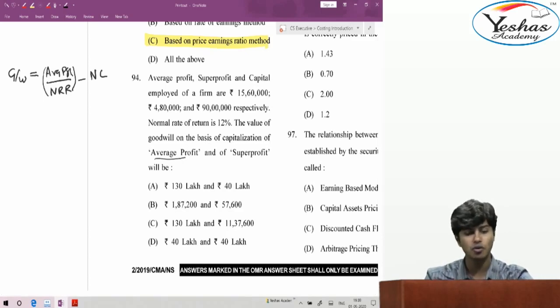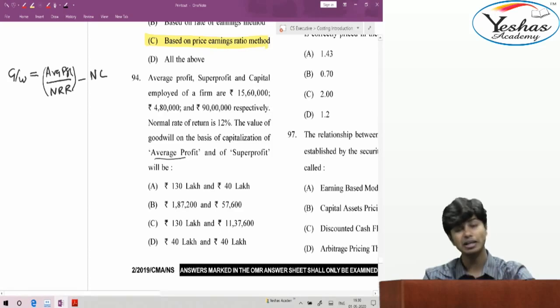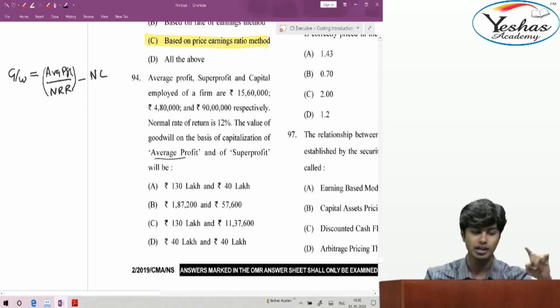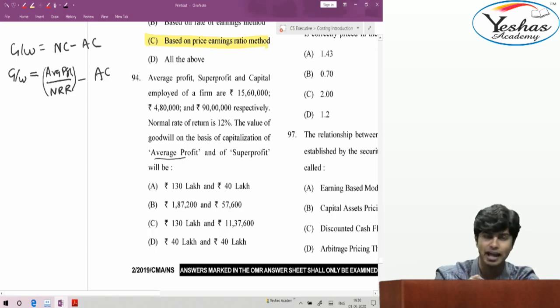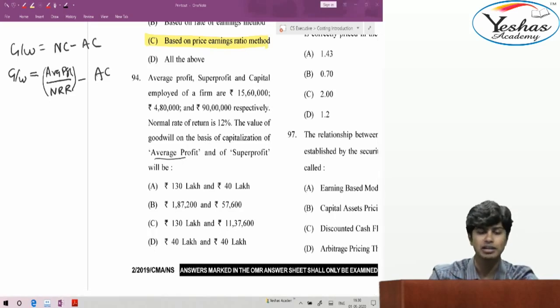No. Goodwill is to be found as average profit divided by normal rate of return, which is normal capital, minus actual capital, not to forget. Because the usual goodwill formula under capitalization method is normal capital minus actual capital. Actual capital employed will be given and normal capital is found as average profit by normal rate of return.